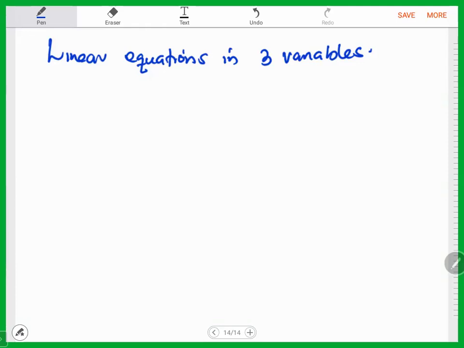In most cases, there are situations where we are given linear equations in 3 variables, meaning that we are going to be given 3 different unknowns, A, B, C, all the 3 are not known. And if we have A, B, C not known, that simply means we are going to have a system of 3 equations. And that takes us back to the first page where we had our systems of equations, where we had a 2 by 2 and a 3 by 3.